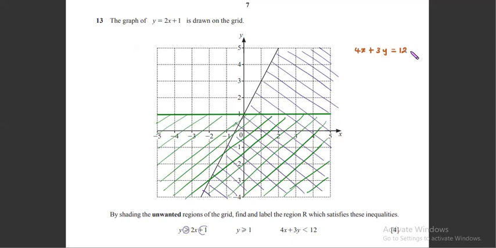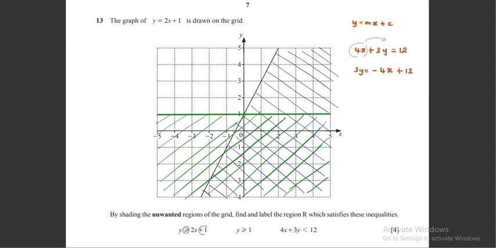Now, when we write straight line equations, we need to make sure we write it in the form y equals mx plus c, where y is made the subject and it has to be positive, which means I need to take this 4x to the other side. To take it to the other side, I need to deduct 4x. So this becomes minus 4x, and already I have this 12, so I'm going to put that 12.